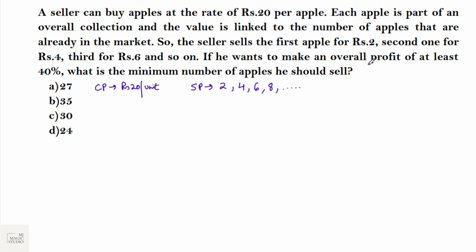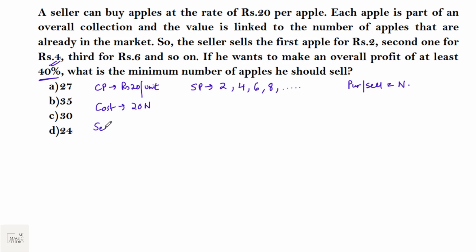If he wants to make an overall profit of at least 40%, what is the minimum number of apples he should sell? Suppose the minimum number of apples he has purchased and will sell is n. So total cost of n pieces that he has purchased is 20n. He wants to sell them so that he is making at least 40% profit.